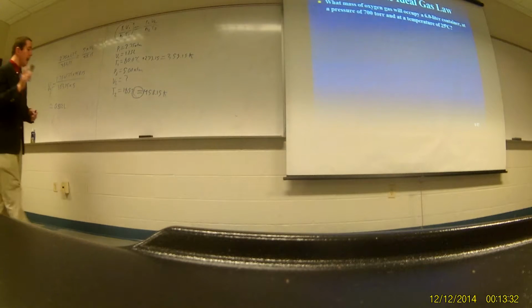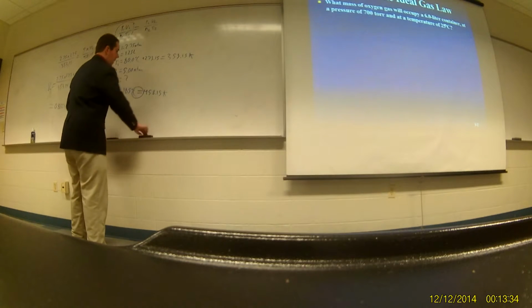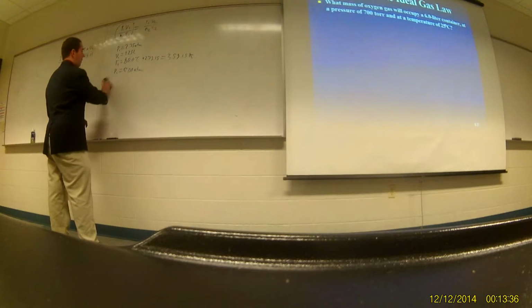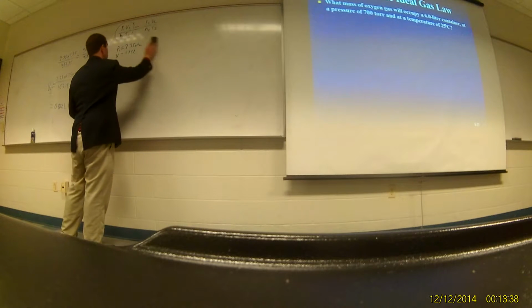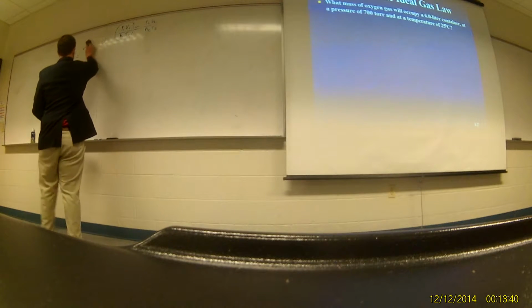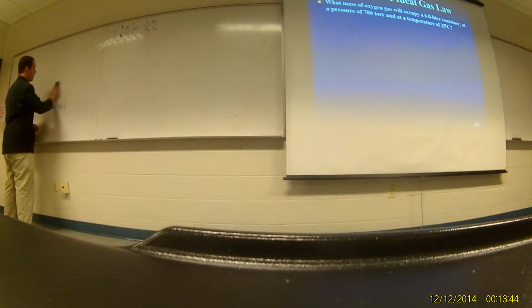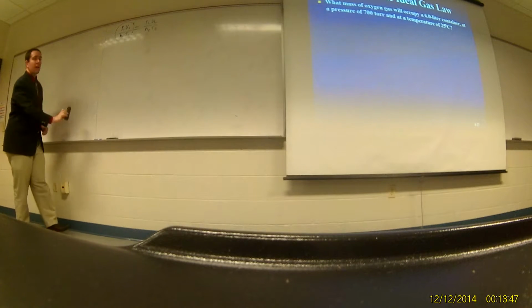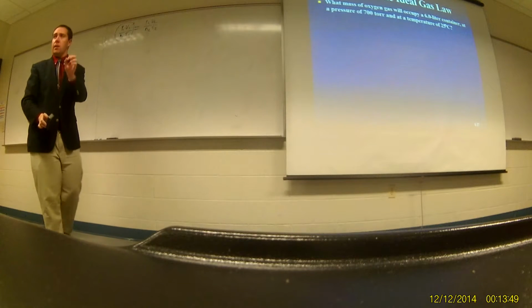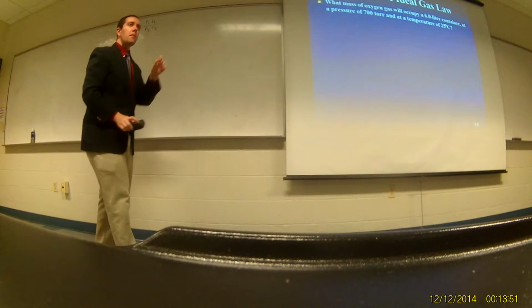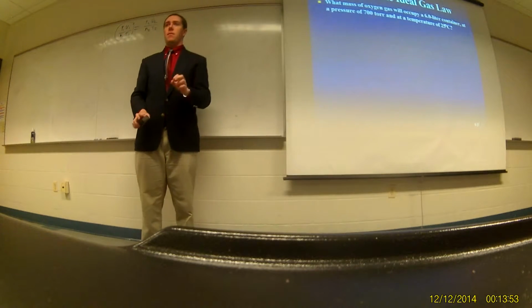So this is an example of an ideal gas law problem. When you get a gas law problem on a quiz or an exam, the first thing I want you to do, before you look at numbers or anything like that, read the problem and figure out, is anything changing, or is the problem one point in time?